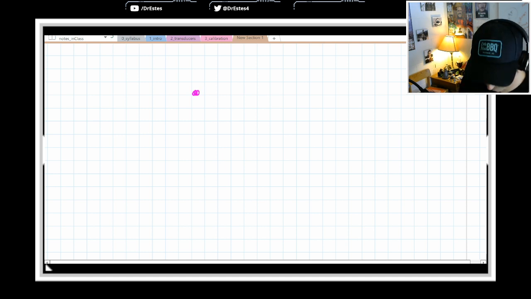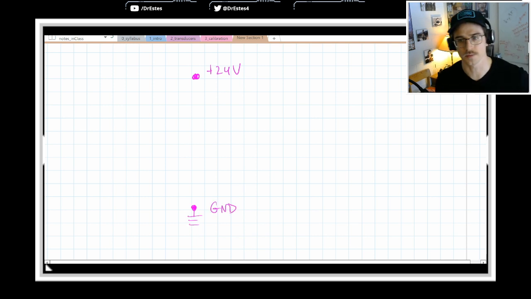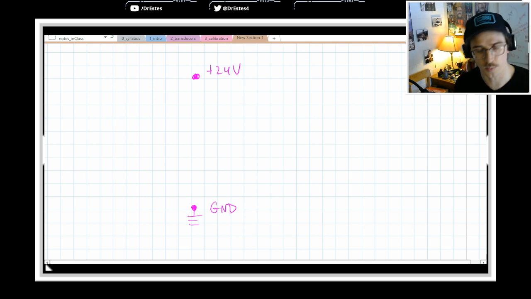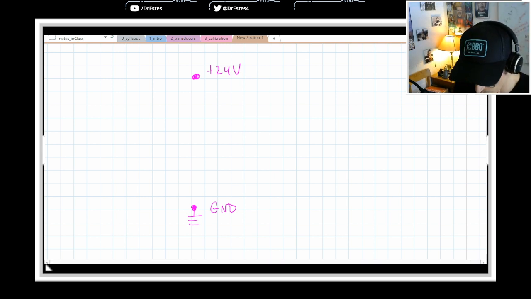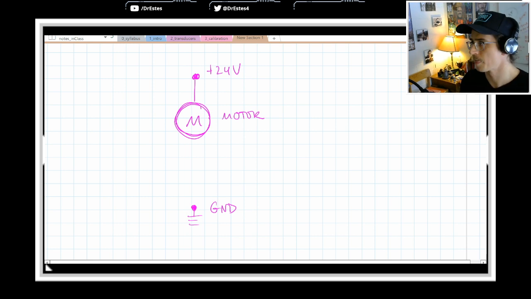So let's put plus 24 volts here, and then we'll put the ground over here. So it's 24 volts relative to here. And we want to run a motor once again. So I'm going to put the motor right here. So this is our motor.